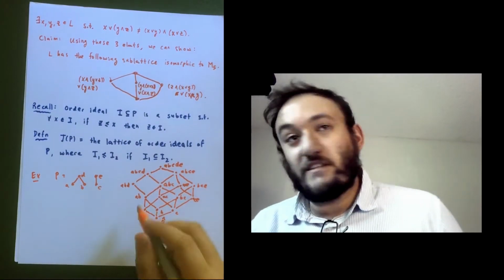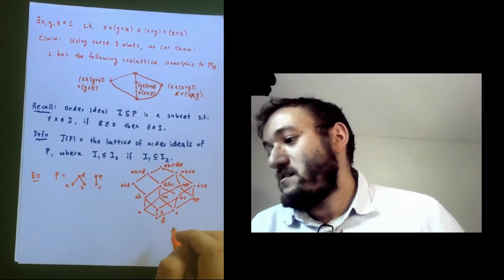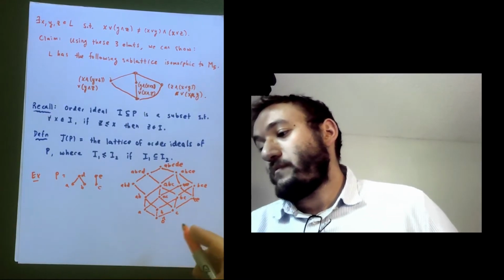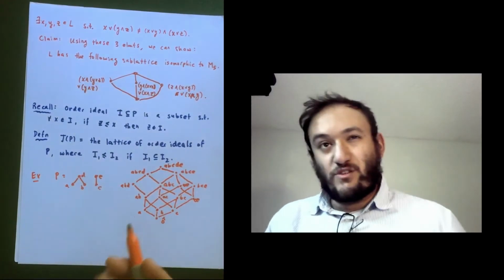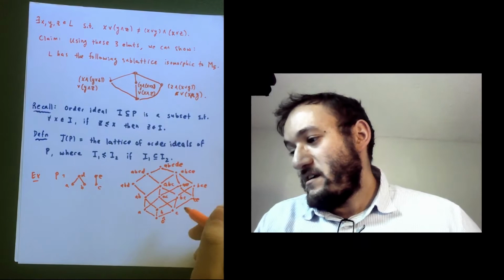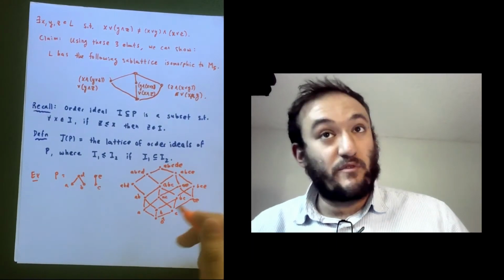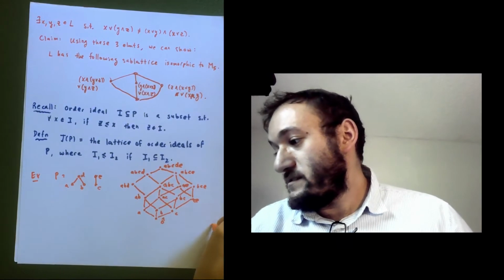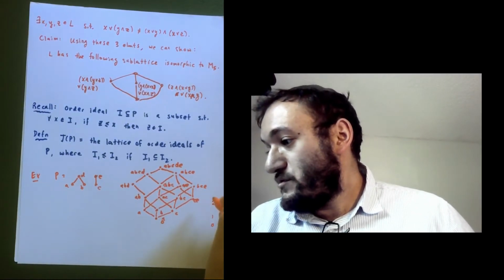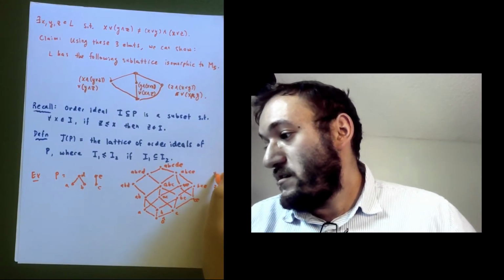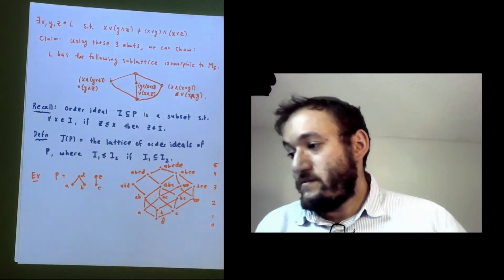So it's a lot of order ideals here, but you can notice a lot of things just from this example. For instance, you can put the rank function very simply as the number of elements in the order ideal, right? This is 0, this is 1, 2, 3, 4, 5.